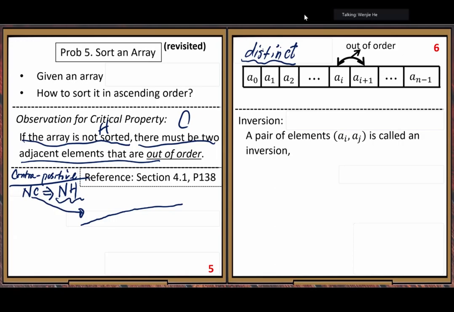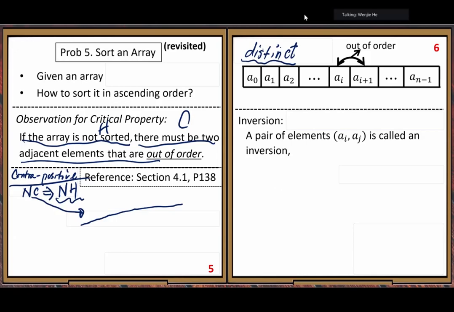Because later, after we find the solution, we can easily make adjustment to remove this assumption. All right, so here, let's assume all the elements are distinct.